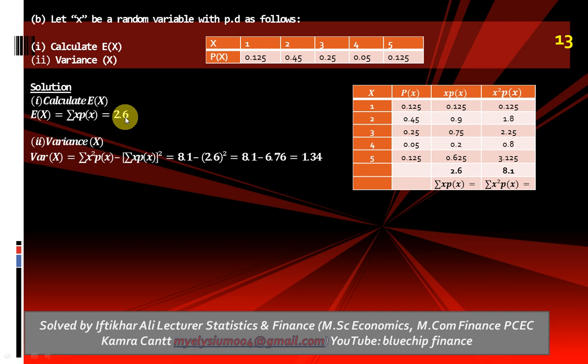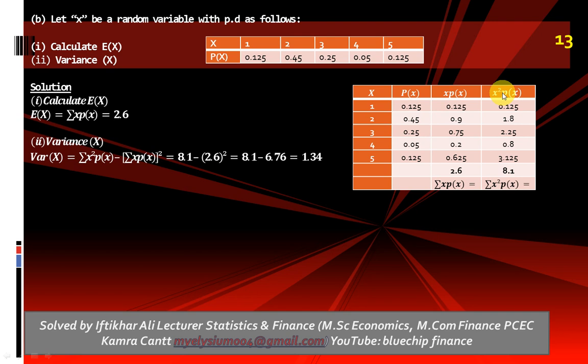And after that, variance. Variance is very simple. First of all we take the sum of x square p of x. A lot of the time we use this type of calculation in the calculation of standard deviation and variance, where we take the square of f x, and normally I told you a lot of times that f x square is equal to f x multiplied by x.